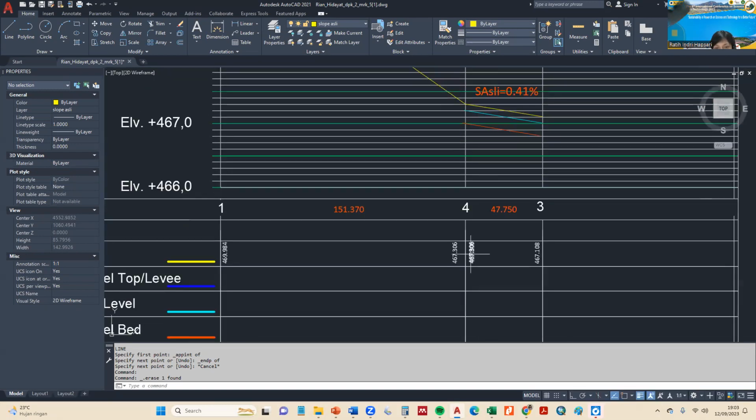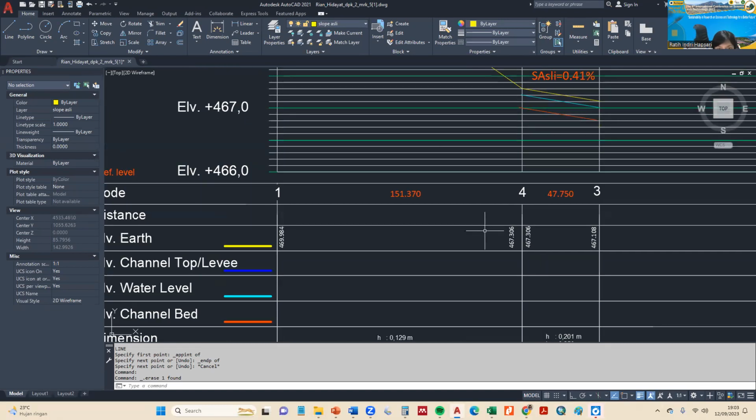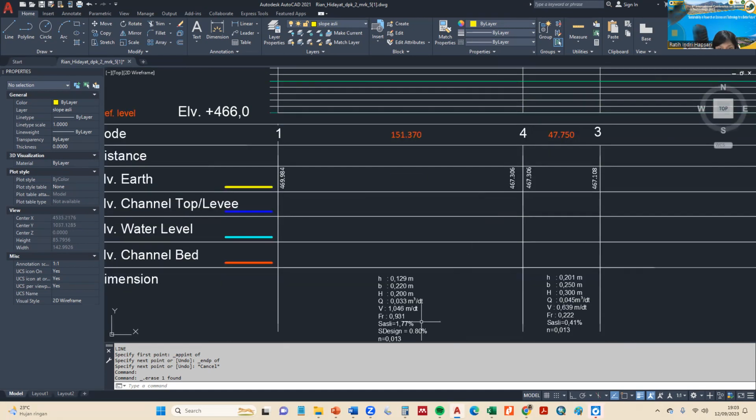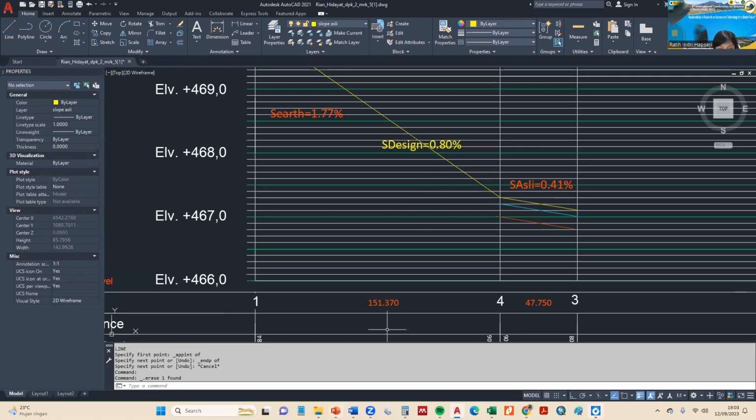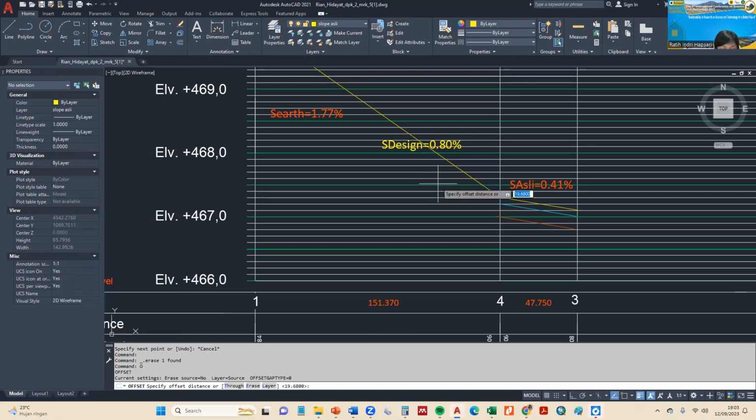So if the elevation of this position is 467.306, how much is the elevation of the slope around here? Yes. At first we make the bottom of the channel because h is 0.2, so I will offset this one to 0.2 down. 0.2 times 1000 by 50, so we offset 4.